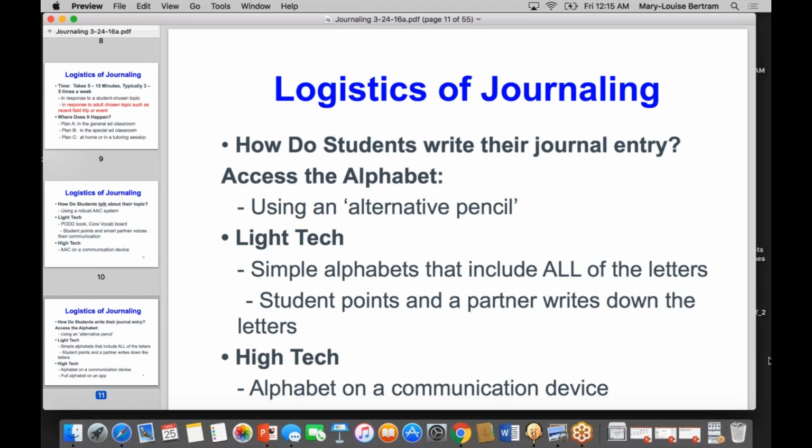If our students are not yet at the stage, or maybe really struggle with writing using a pen that's legible, then we're going to give them the whole alphabet in all sorts of different forms, like flip charts and keyboards, and we'll talk a bit more about that later. But that can be light tech and high tech as well, but it has to include every single letter of the alphabet.